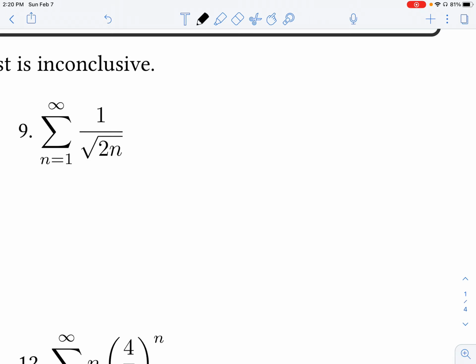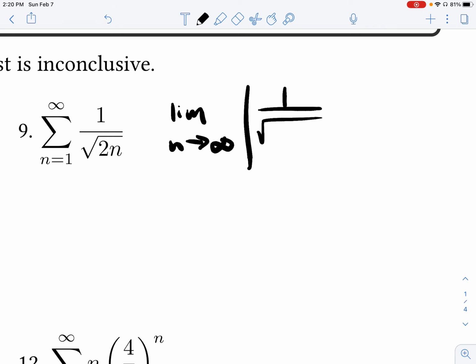So number 9 here, we're going to again write the limit. We're going to say the limit as n approaches infinity of the absolute value of 1 over root, and be careful here with your grouping. I'm going to evaluate this a sub n for n plus 1 to find a sub n plus 1. So that's 2 times n plus 1 divided by a sub n, or times a reciprocal.